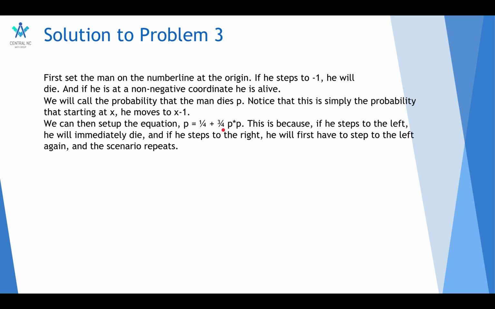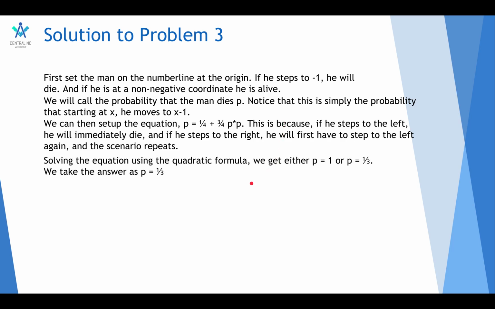Otherwise, there's a 3/4 chance he steps to the right, and if he does so, then since we know that he's eventually going to die, he'll have to step back to the point 1 left, and there's a probability of p for that happening. And if he eventually steps one left, he'll step one left again to die with a probability of p. So it's p squared because if you step one to the right, there's a probability of p squared you'll end up going 2 steps back.